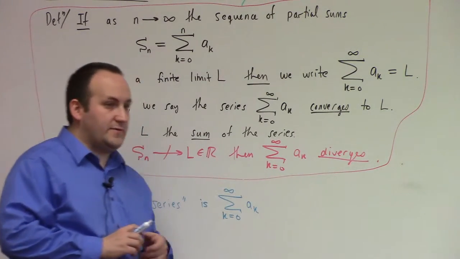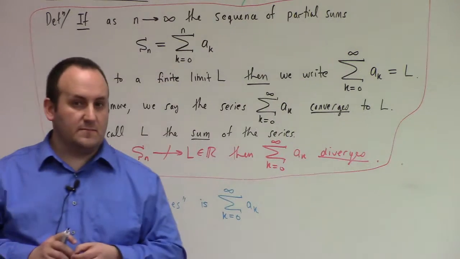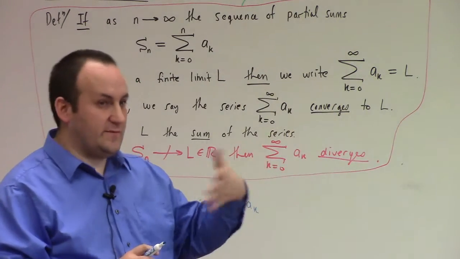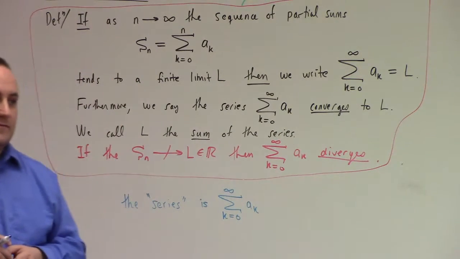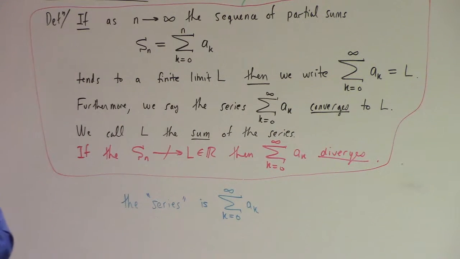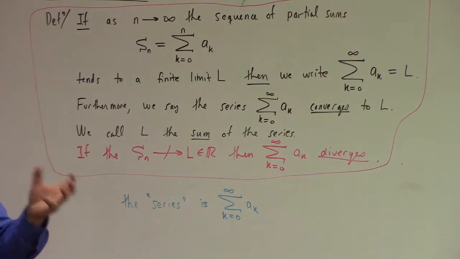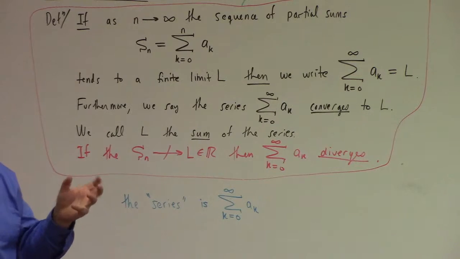Series are defined whether they diverge or converge. There are two kinds of series, ones which converge and ones which diverge. But still, divergent series are series. That's why there's a distinction between the series and its sum. The sum, if it exists, is a real number in our current context.